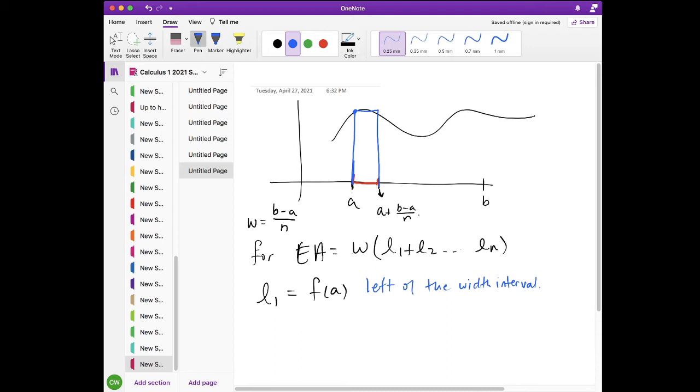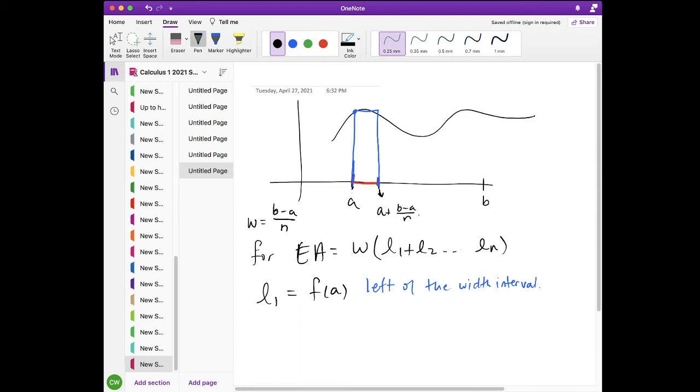Is that okay? So what do I mean by left? I look at the interval, and the point I choose to plug into f is going to be the leftmost endpoint.